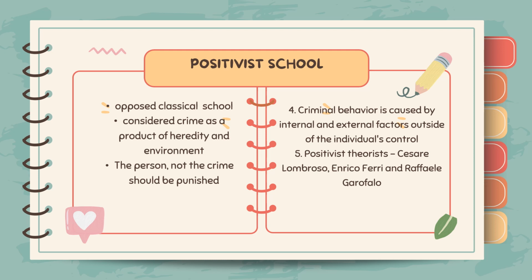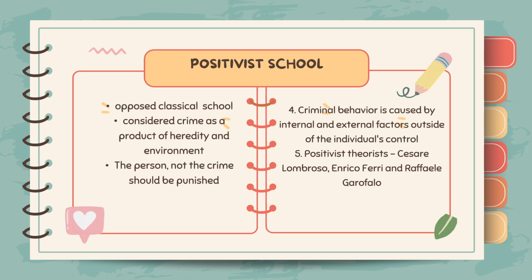Then we have the positivist school of thought. So it opposed the classical school's doctrine of free will, and they considered crime as a product of heredity and environment, that crime is a result of biological and social factors, and the person, not the crime, should be punished. So the punishment should fit the criminal.